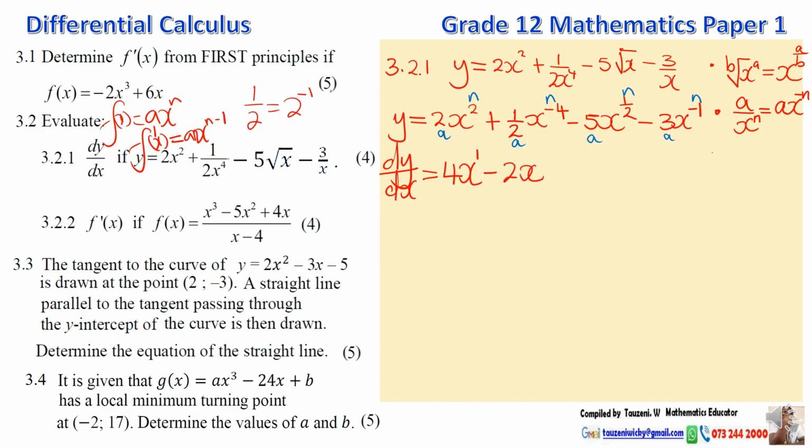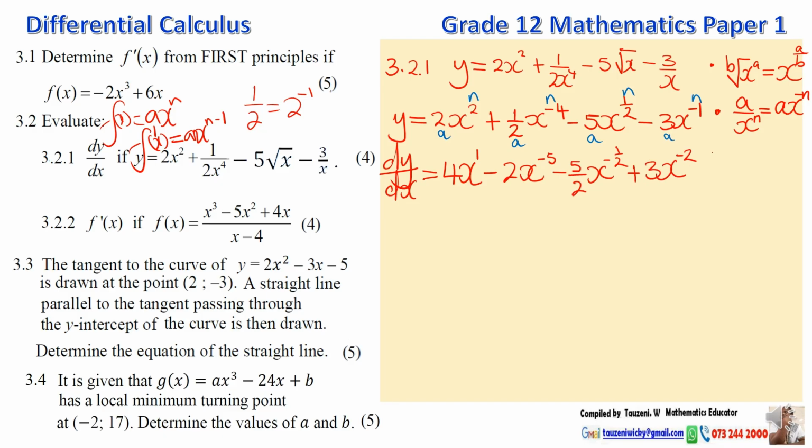If you minus 1 from minus 4, it gives you minus 5. Then half times minus 5, it gives us minus 5 over 2, or 2,5x. And then half minus 1, we get minus 1 over 2. Then negative 1 times negative 3, that will give us a positive 3x to the power of negative 2.